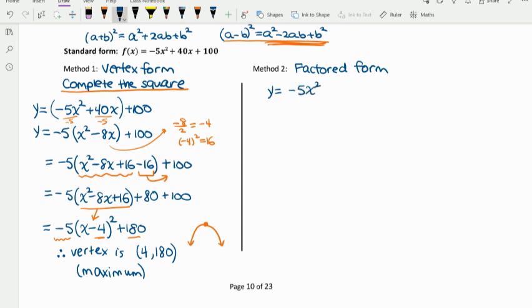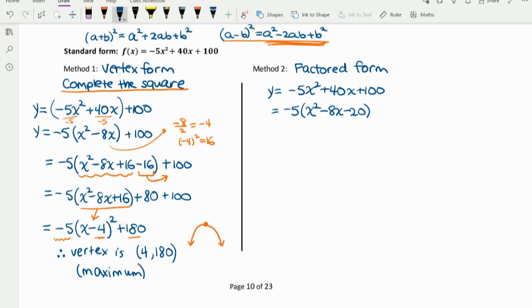So you have your function here. You want to start by saying, can you common factor any numbers out? And yes, I can common factor the negative 5. I'm left with x squared minus 8x minus 20.